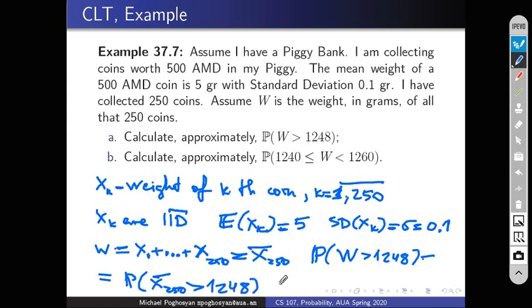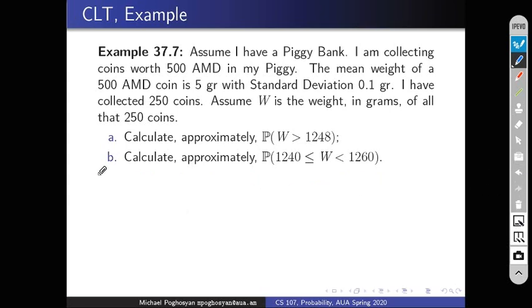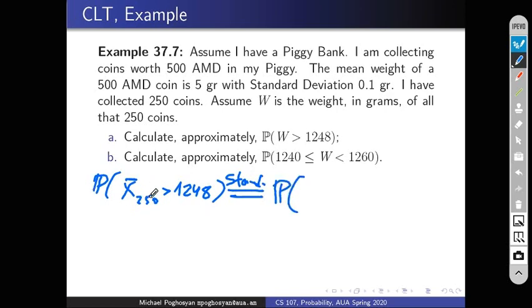So what I'm doing at this moment, let me write it here. I have reduced to this problem. So standardize. What does it mean? Make a transformation such that you will not change anything here, but you will have a standardized version of this.